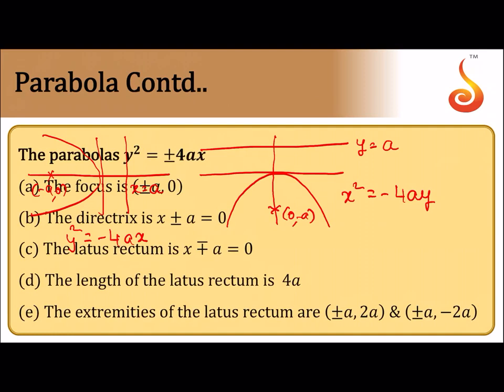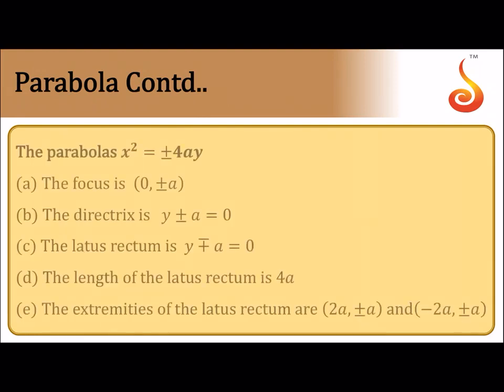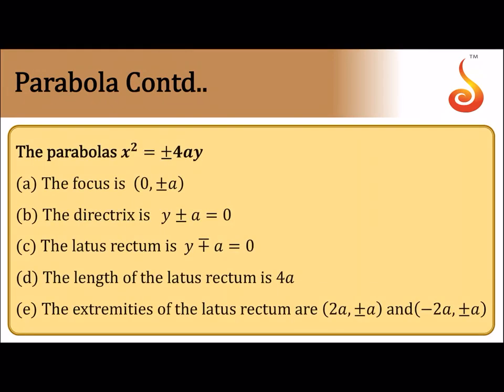So y square equals 4ax: the focus we wrote, the directrix we wrote. The length of the latus rectum is always 4a. Now x square equals 4ay, symmetric about the y-axis. The coordinates of the focus are 0, a. The length of the latus rectum is also 4a.